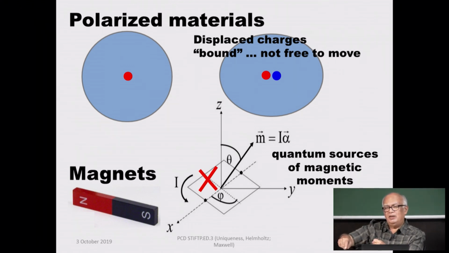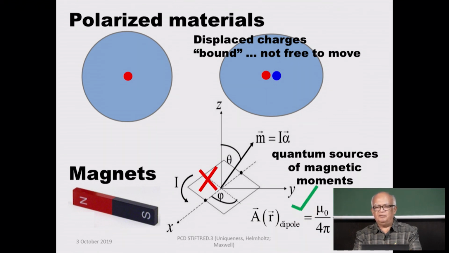Measurement of one destroys information about the other, as a result of which you cannot even talk about orbits. So, there are no real orbits. But there is magnetic moment, and you need a new theory. This new theory is not from classical mechanics, you need quantum theory for this.